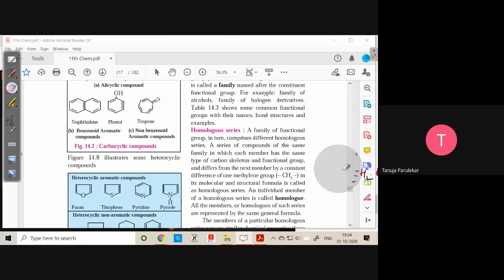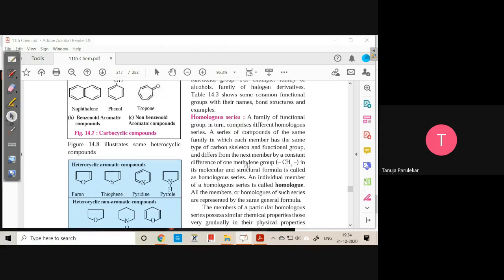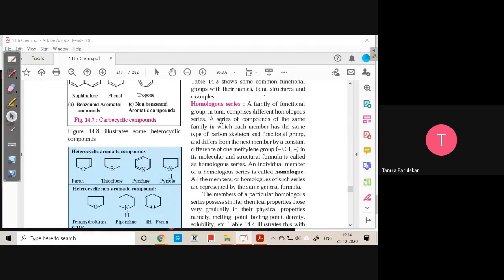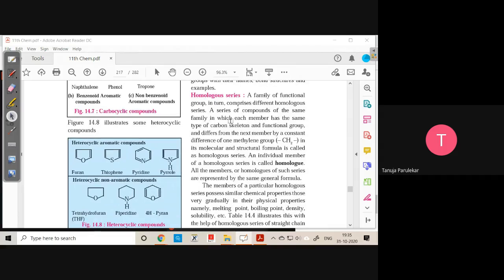You should know that. They can ask you for the definition of what is a homologous series. A short note can also be asked on this. So it is a family of functional group. It comprises a series of compounds of the same family in which each member has the same type of carbon skeleton and functional group, and it differs from the next member by a constant unit of one methylene group in its molecule and structural formula.